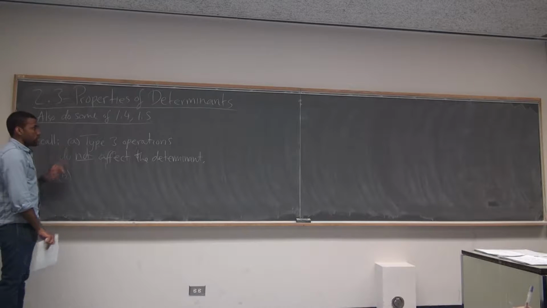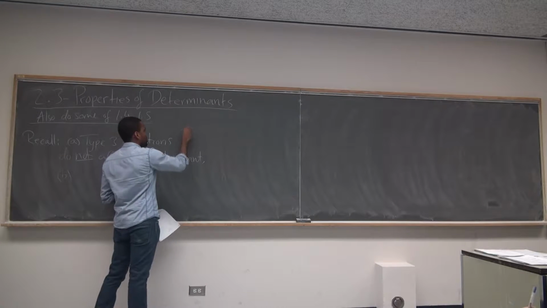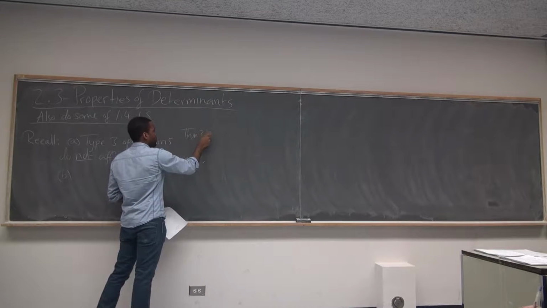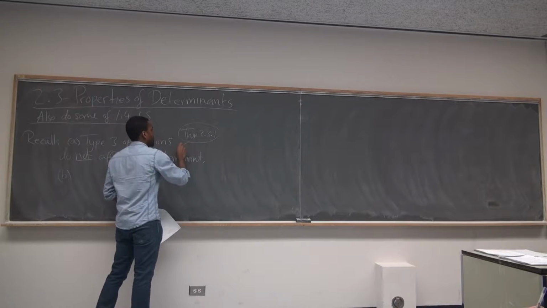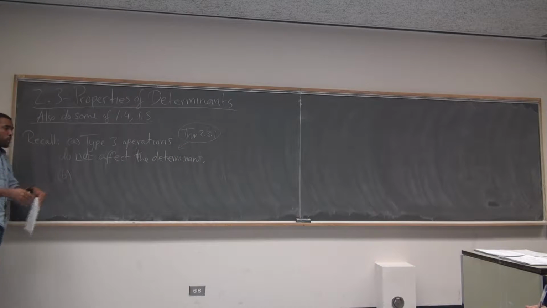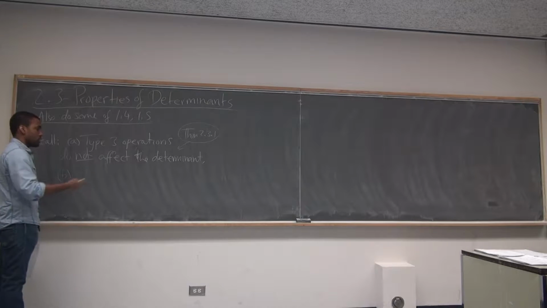You can use theorem 2.3.1 from the text. Basically, you can split this matrix into 2 parts, one of which has determinant 0, and they just differ in the row by that constant.